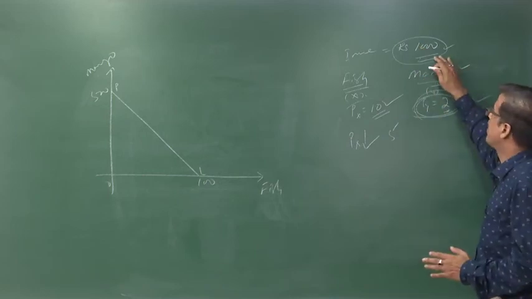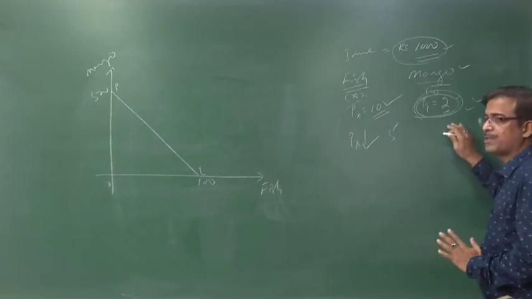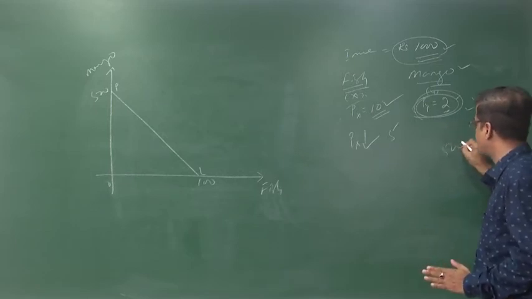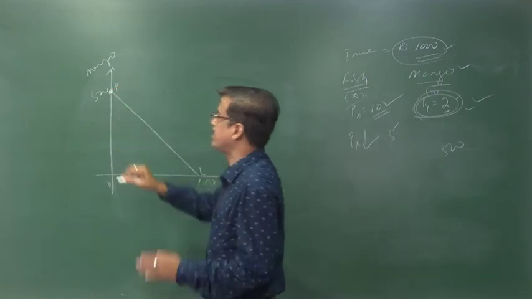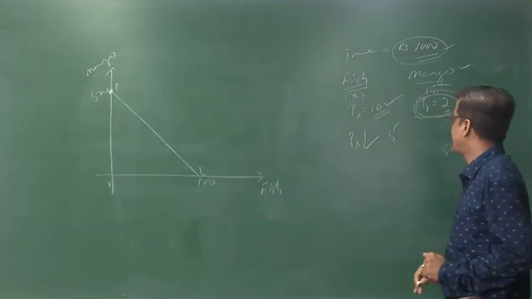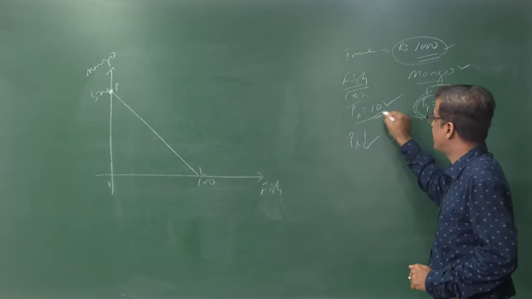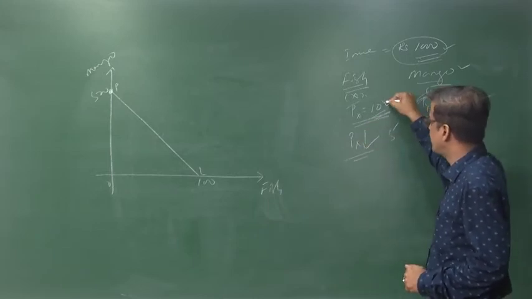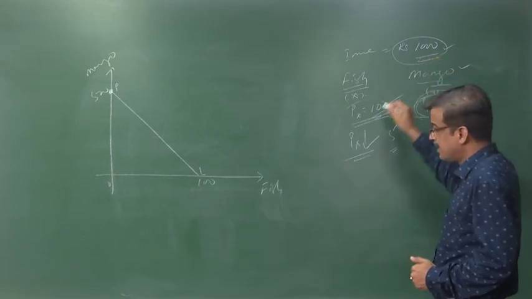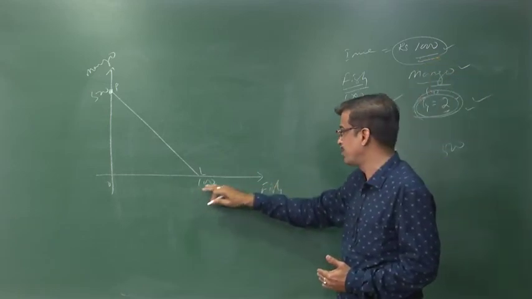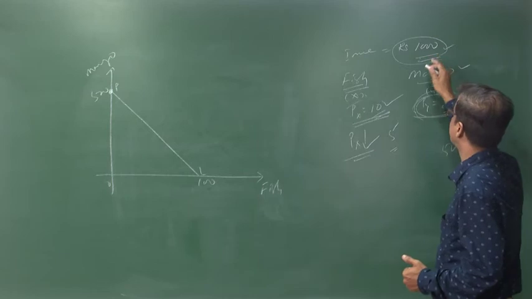If income is 1000 and mango price is 2 rupees, definitely 500 will be consumed. This is the same, there is no change of this particular point, it remains constant as P. Now, if the price of fish reduces from 10 rupees to 5 rupees and money income remains constant, initially 100 units of fish were consumed, right now how many units of fish are going to be consumed?